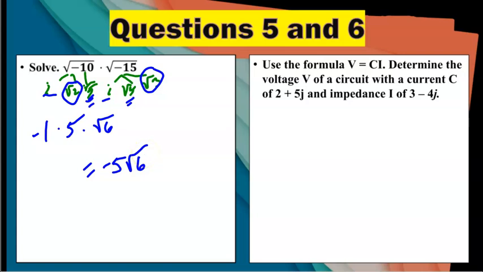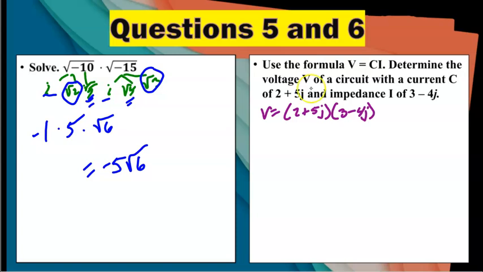Question 6. Use the formula V equals CI. Determine the voltage V of a circuit with a current C of 2 plus 5j and impedance I of 3 minus 4j. So we need to find the V when our C is 2 plus 5j and our impedance is 3 minus 4j.